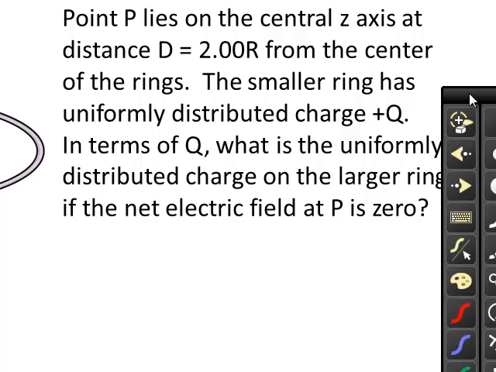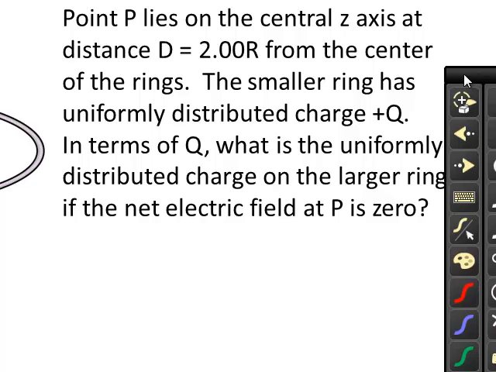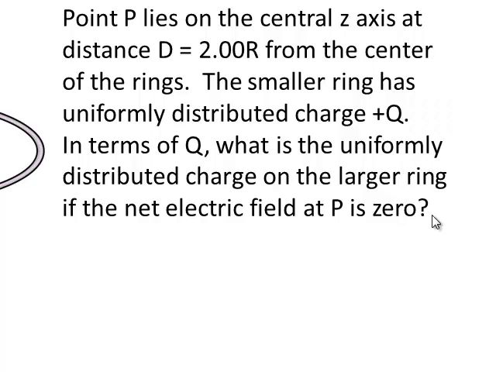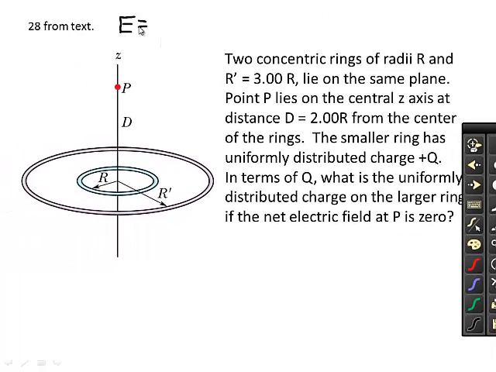So what we need to do in this problem is basically remember that the E field of a ring, when you are above the center, above the plane of the ring, the equation is K Q Z, where Z is your distance above the center of the ring, over Z squared plus R squared to the 3/2 on the bottom, and I think that's the whole thing.